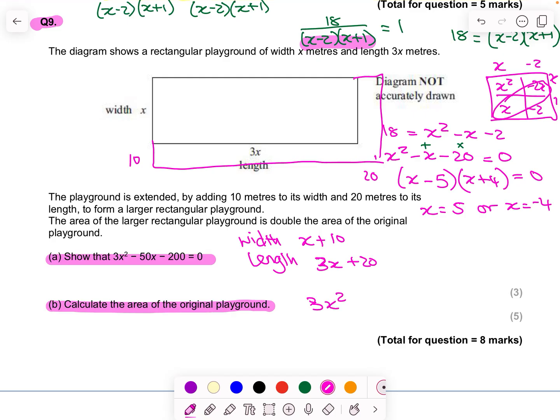And then the area of the new would be x plus 10 times 3x plus 20. Now it's saying that the larger one is double, times 2 of this.